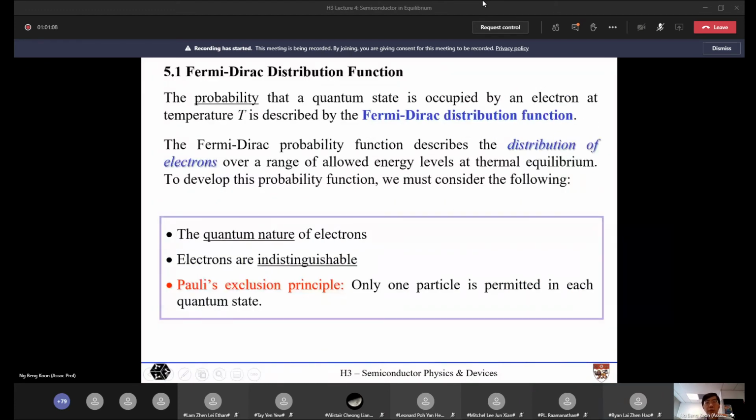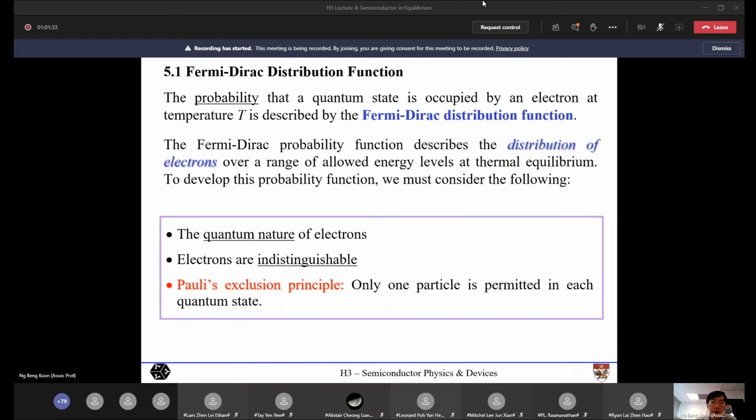The probability that a state is occupied by an electron at some temperature T is described by a function called the Fermi-Dirac distribution function. It's a quantum mechanical distribution function used to describe electrons over energy levels at thermal equilibrium.